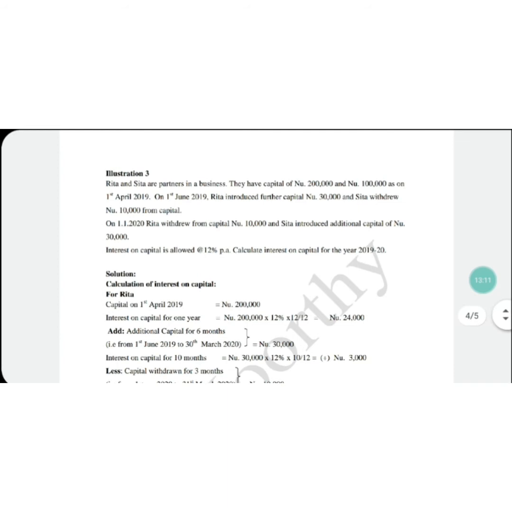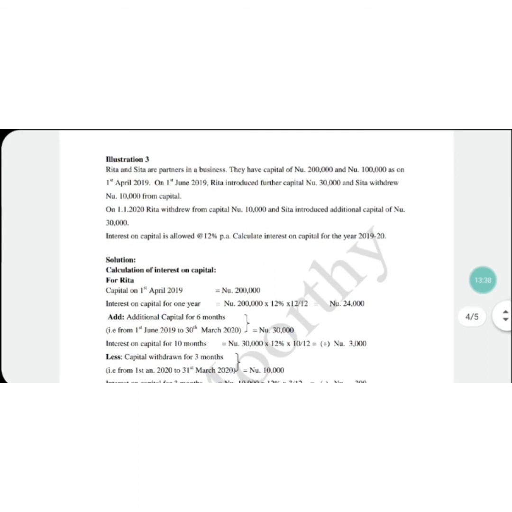Interest on capital has to be calculated for 10 months, starting from June till next March: June, July, August, September, October, November, December, January, February, March. 30,000 times 12% times 10 divided by 12 comes to 3,000.